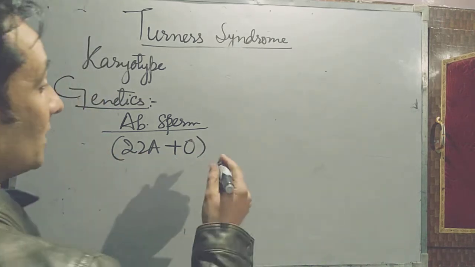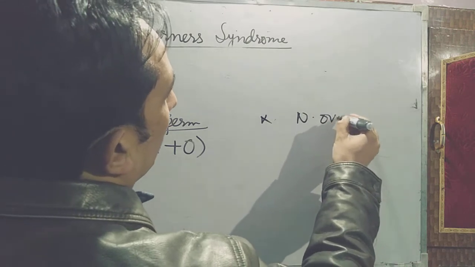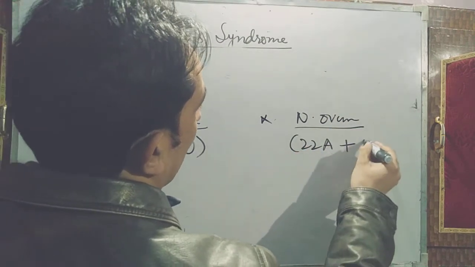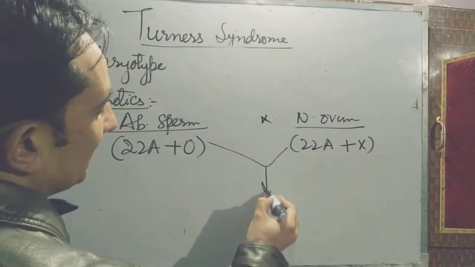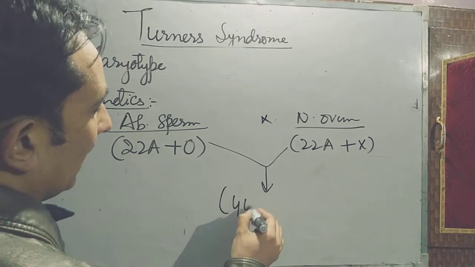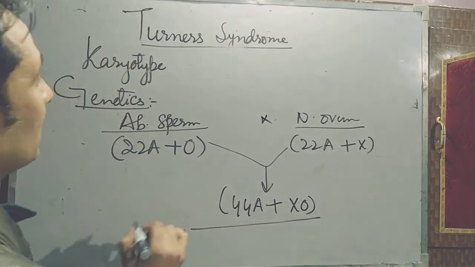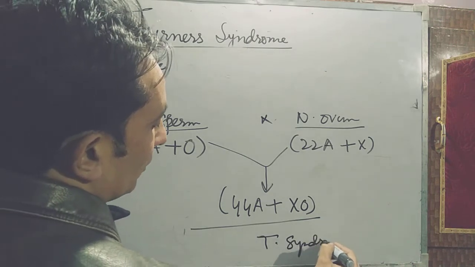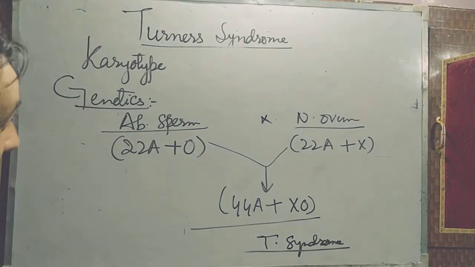This abnormal sperm, if it fertilizes the normal ovum, which has 22A autosomes plus X, is it okay? It's a normal ovum. This sperm fertilizes this ovum, the resultant offspring would be 44A plus X0, and this individual would again be suffering from Turner's syndrome. So you have understood how the Turner syndrome individuals are conceived.